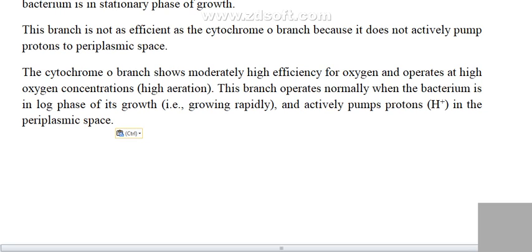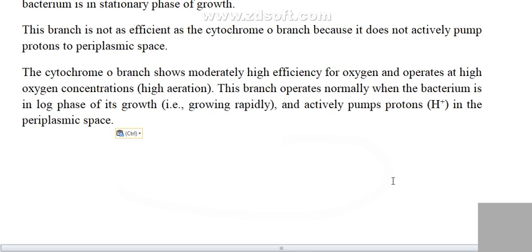phosphorylation or oxidative phosphorylation? It means that when the electron transport chain is generating a proton gradient in the periplasmic space, you will have a higher concentration of protons in the periplasmic space. Now these protons are again moving inside. Okay.